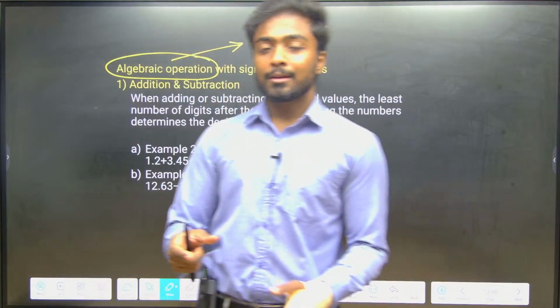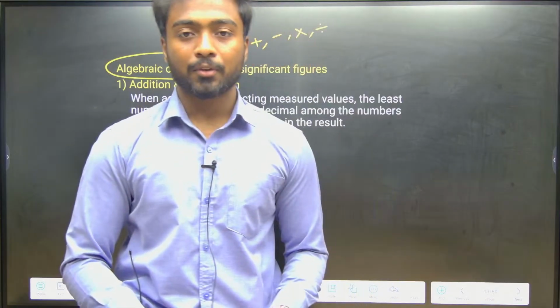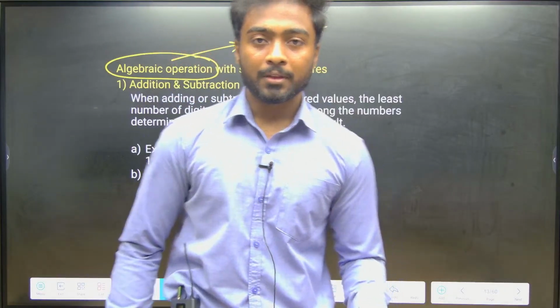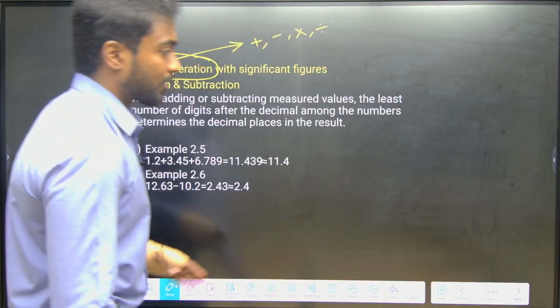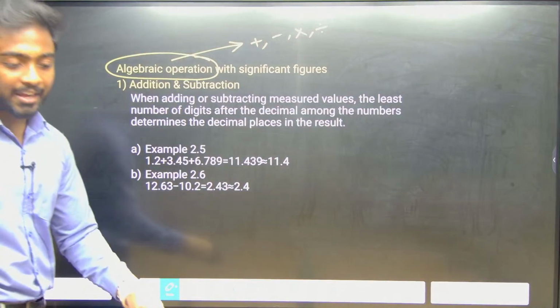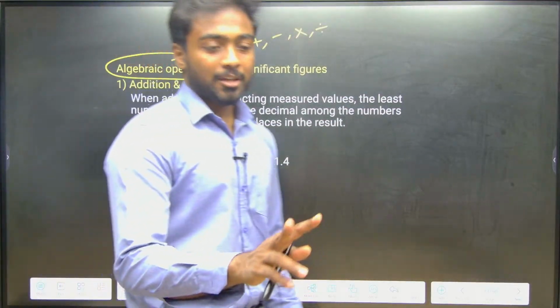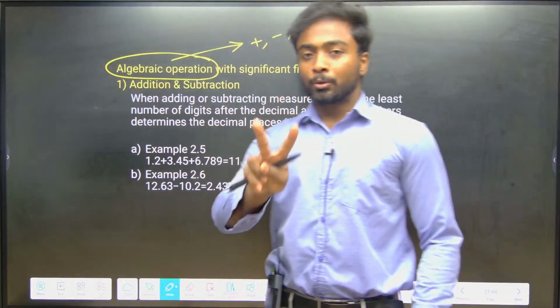How will the algebraic operation play a major role in significant figures, and how do we find them when they are given in the form of algebraic operations? That is what we are going to concentrate on. The first thing is addition and subtraction.